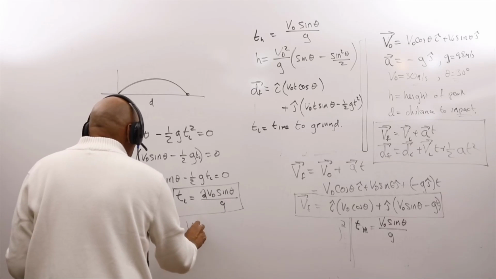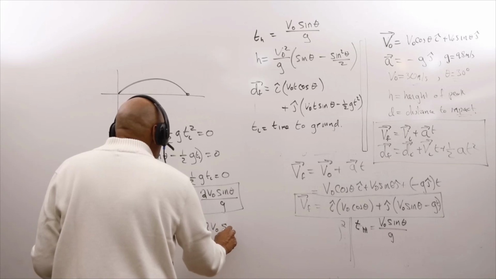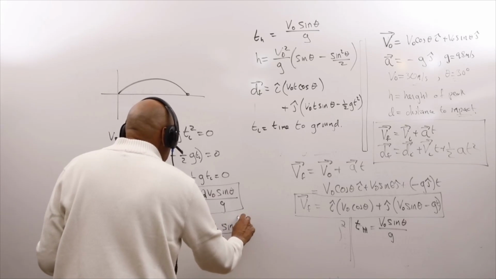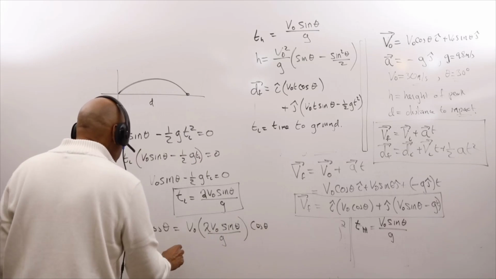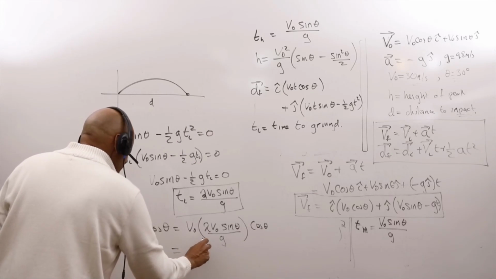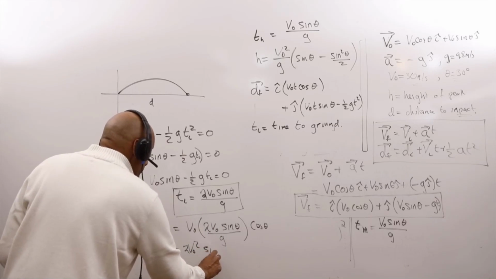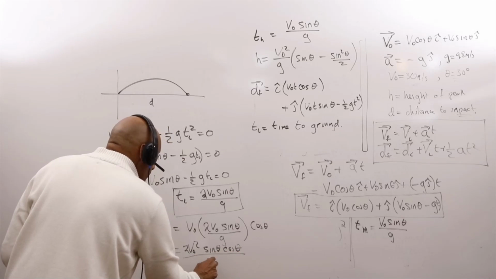So this is now V0 times 2 V0 sine of theta over G times cosine of theta. And so we'll bring the terms out. So this is V0 squared, 2 sine theta cosine theta, all over G.